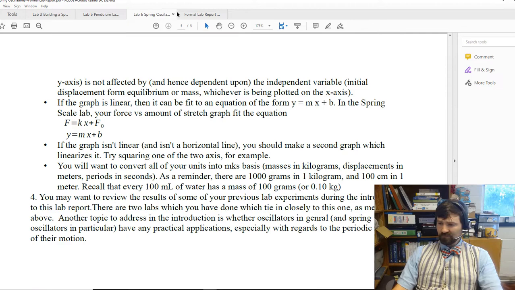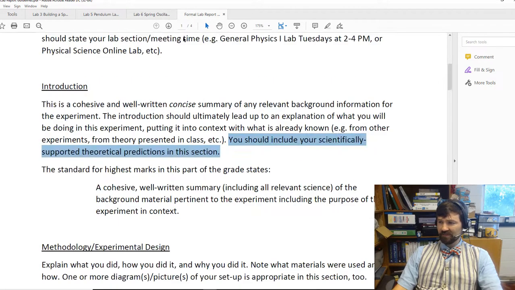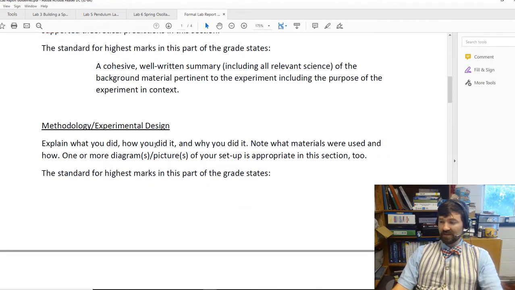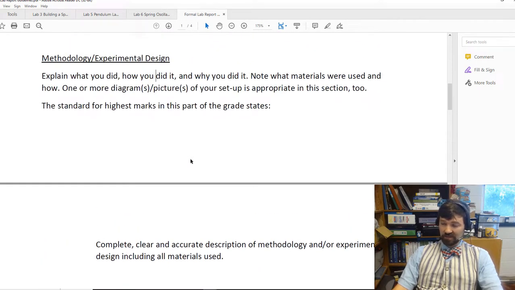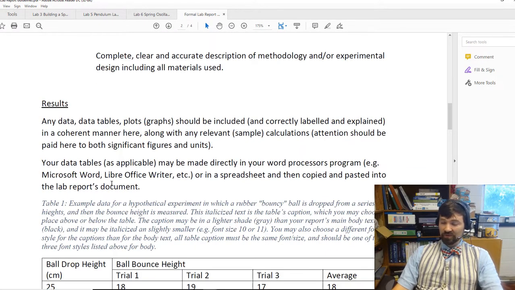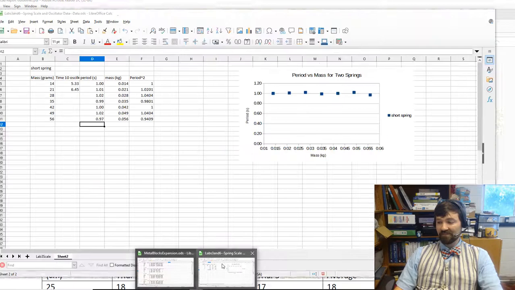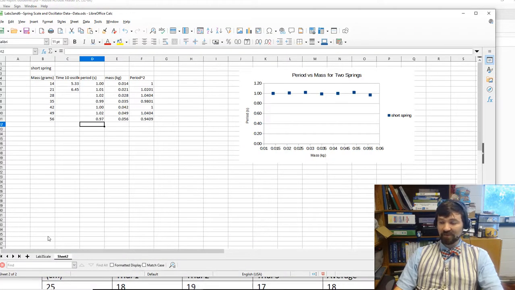Then you have your methodology. Experimental design is basically your instructions. Your results would be any data tables you've made, which here I have made a data table.